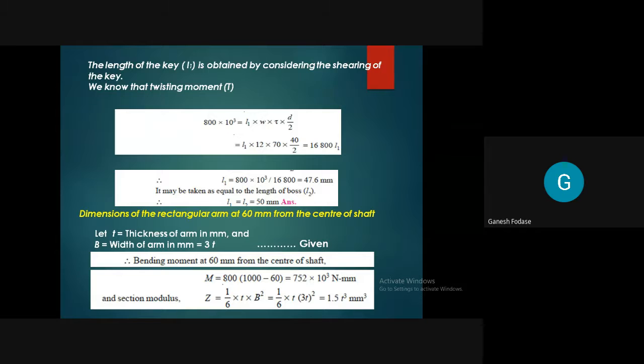As the section is rectangular, the formula is T into B square by 6. Now B is 3 times T, so put B in terms of T and we get Z in terms of T. Now M is known, Z is known, so we can find T, the thickness.